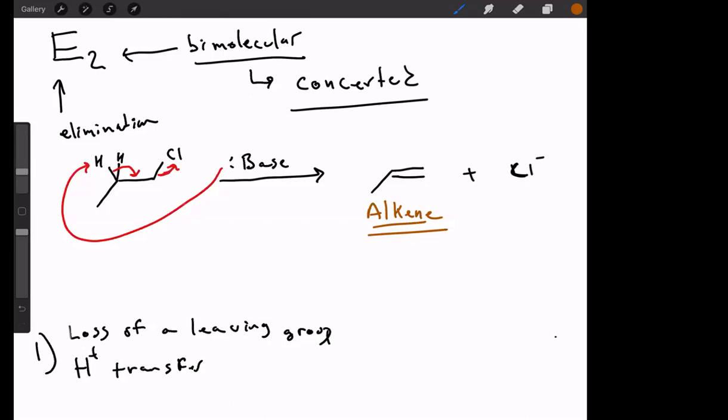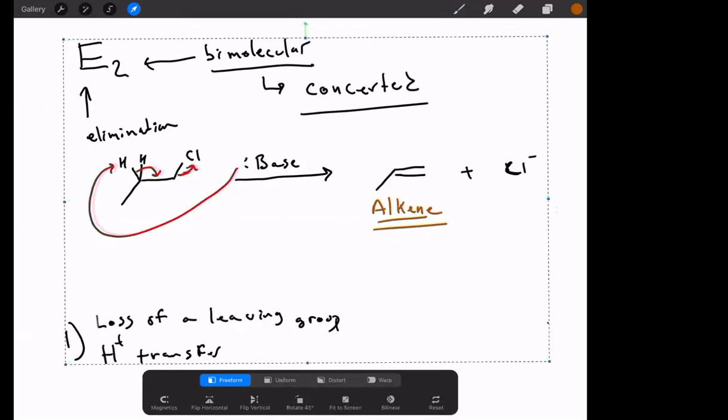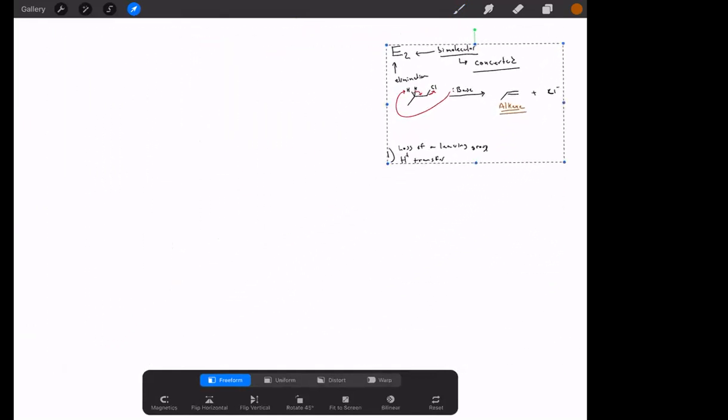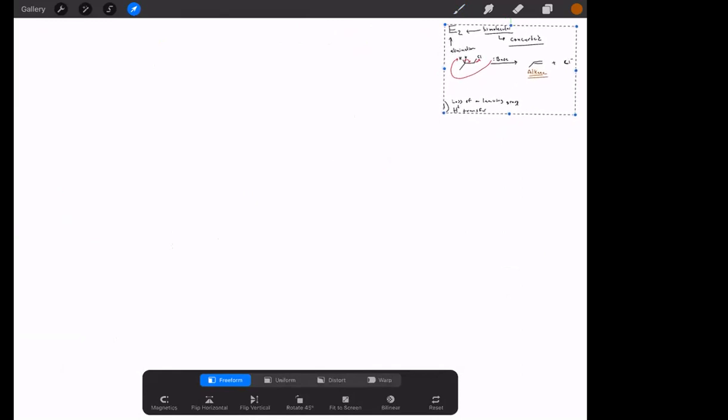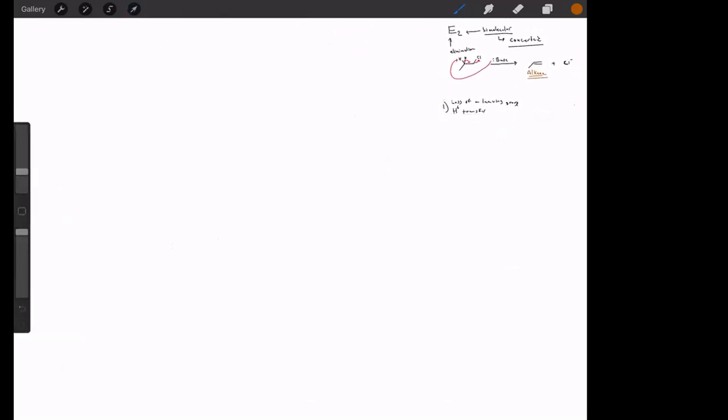So I want to make the same considerations with E2 that I did with Sn2. In other words, what would be the effect of the substrate? So in an Sn2 reaction, we said that the substrate has a big effect. The Sn2 favors an unhindered substrate. But what about a hindered substrate here?